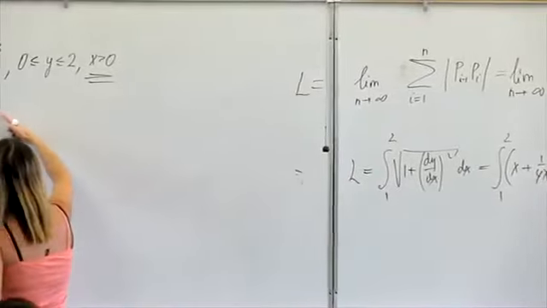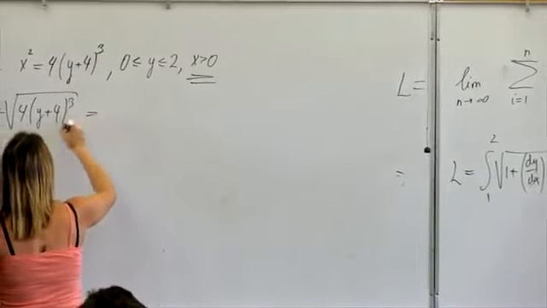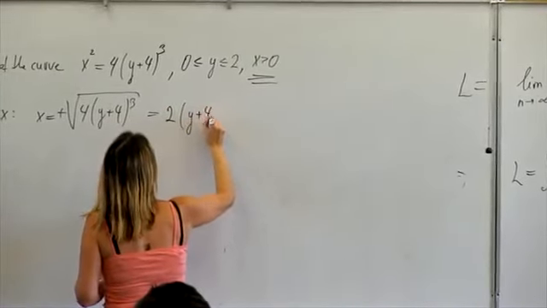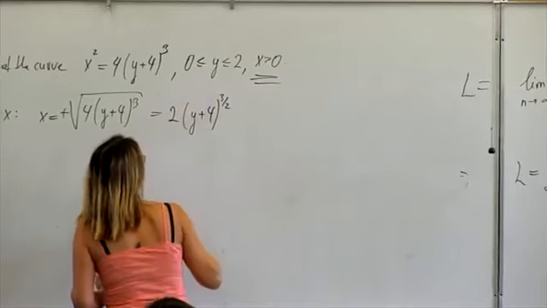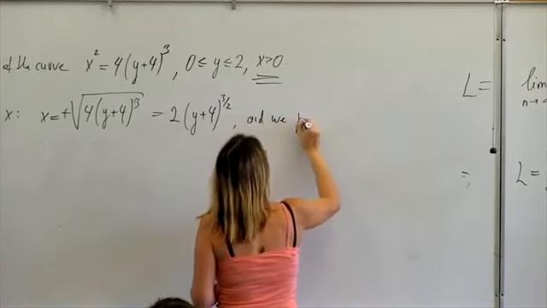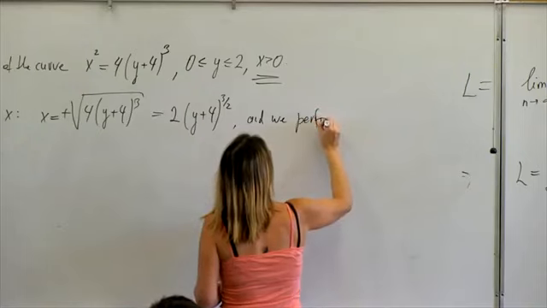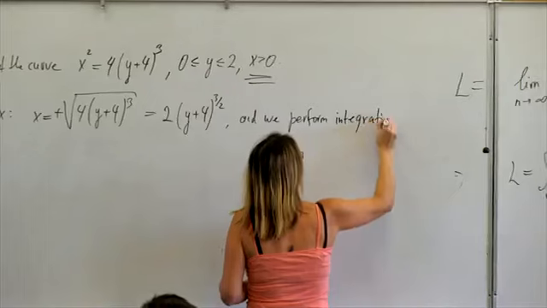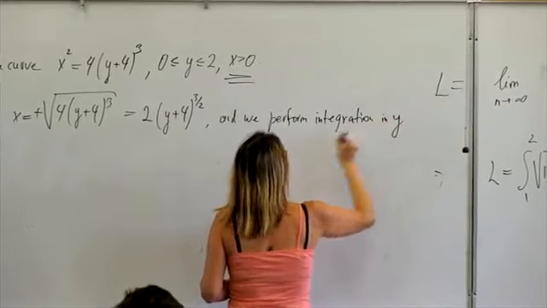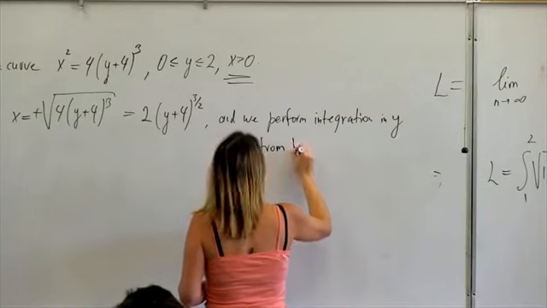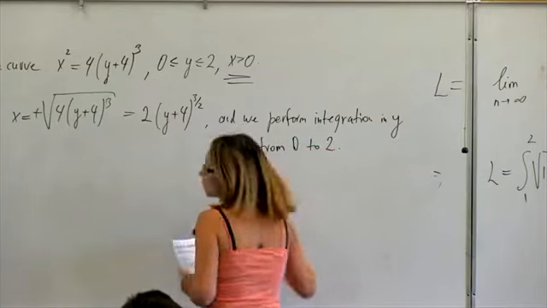Okay, so we take the positive square root, which gives me 2(y plus 4)^(3/2), and we perform integration in y from 0 to 2. Okay?